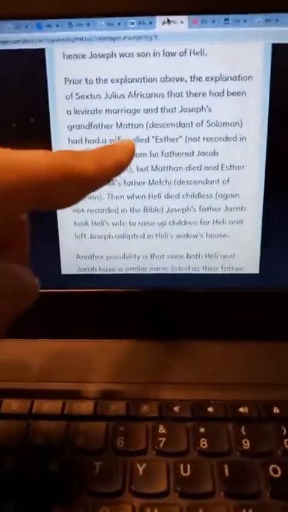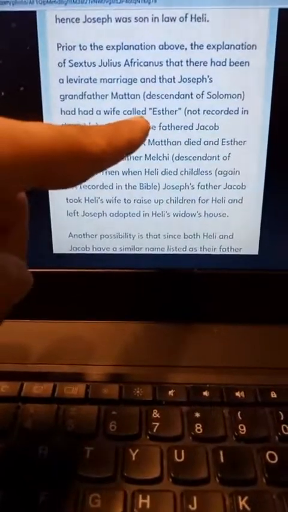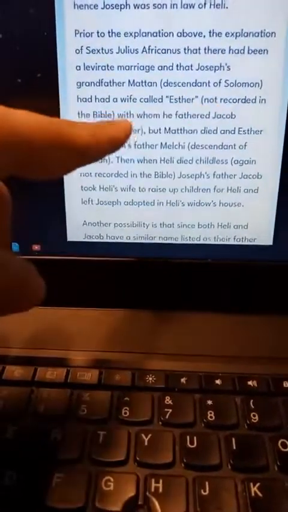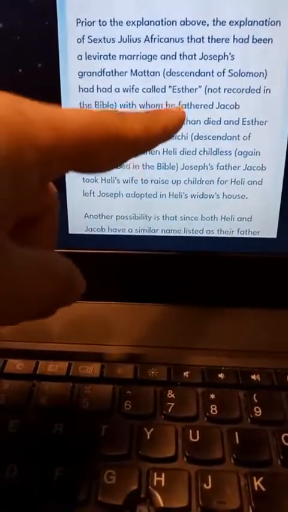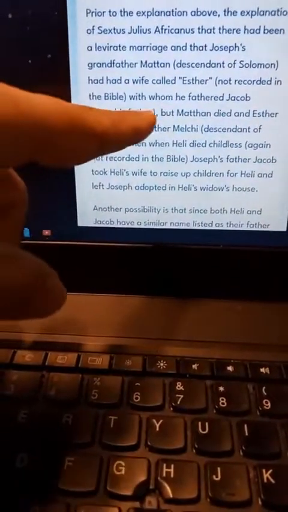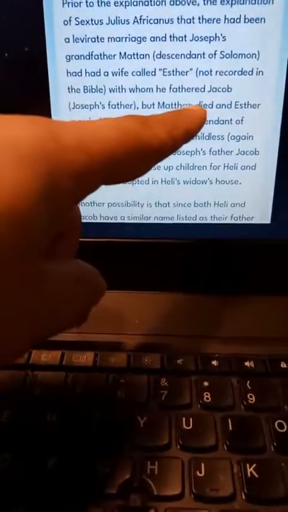Like I was telling you, Matthan died, which freed Esther to remarry. And she married Matthat, right? Which we're going to keep reading. Hold on. So he had a wife, and his wife was called Esther, not recorded in the Bible, with whom had Jacob, Joseph's father, but Matthan died.